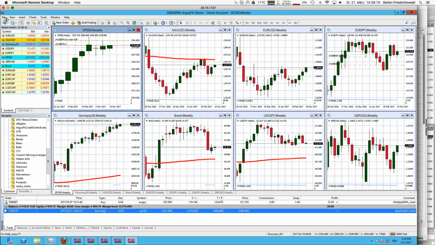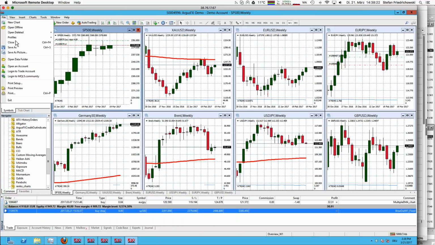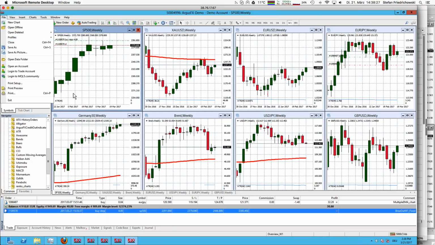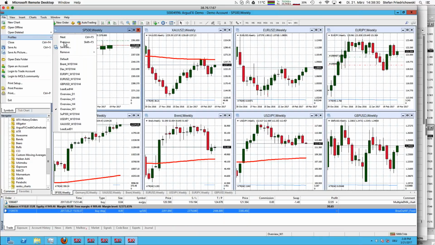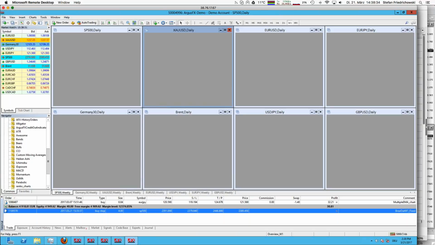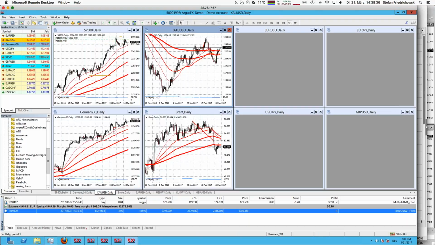So now, as I mentioned, I switch to the multiple EMA setup. So I go to a different profile, and the profile of choice here is now overview W1, not W1, D1. And now the charts are opened.